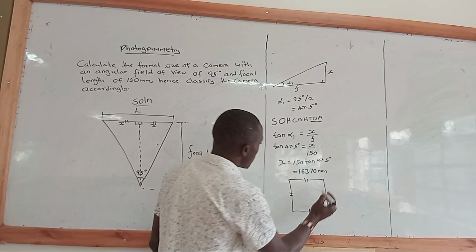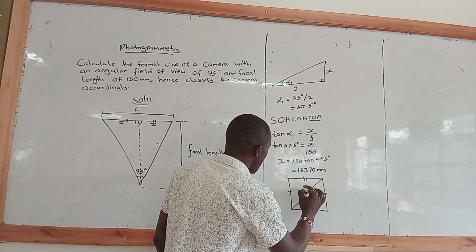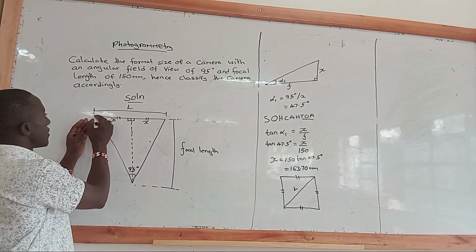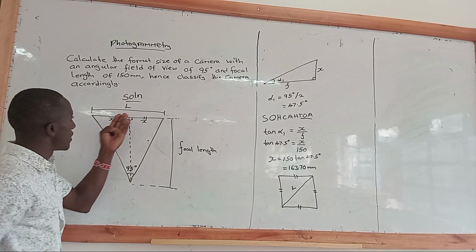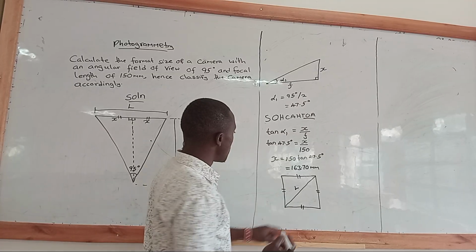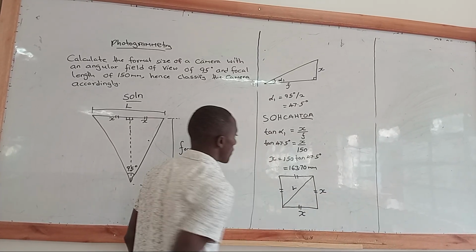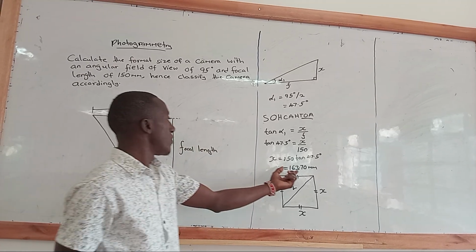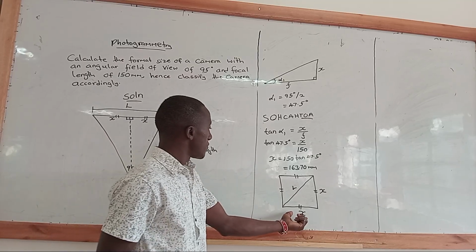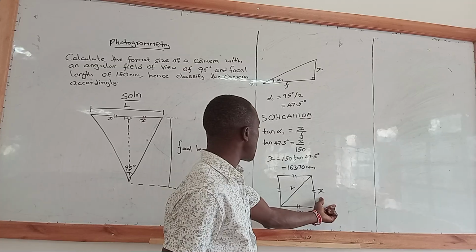The diagonal of this is N, which is equal to this distance from this point to this point, as indicated in the diagram. And the sides are our x's, and you can see we have found our x. So we have 163.70, 163.70.